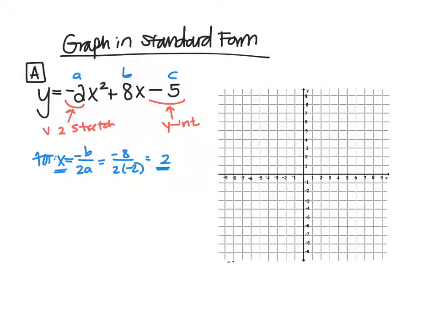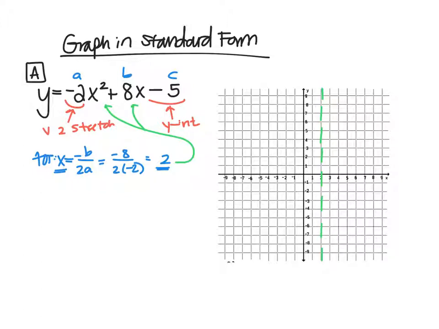So if I draw that on my graph, I have this axis of symmetry line at x equals 2. Now, I know the vertex has got to be on that line because the parabola is symmetrical on each side. So I'm going to take that value of x equals 2 and plug it back in to the x parts of the original function.